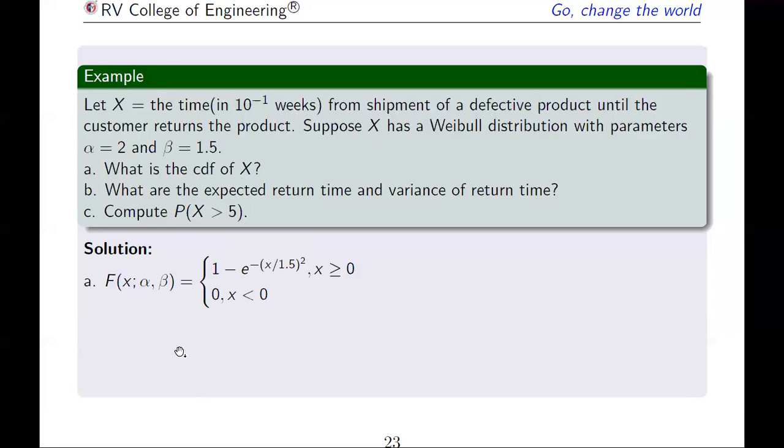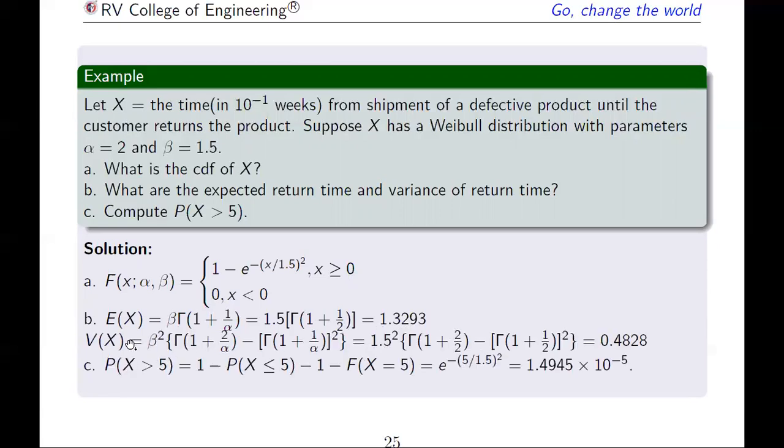The cumulative distribution function is given as below, that is equal to 1 minus e to the power of minus (x by 1.5) squared, whenever x is greater than or equal to 0, and is equal to 0 otherwise. The expected value, using the formula mentioned earlier, is found to be 1.3293.